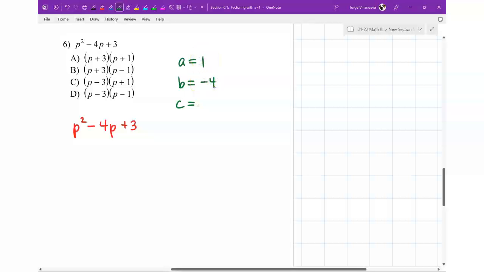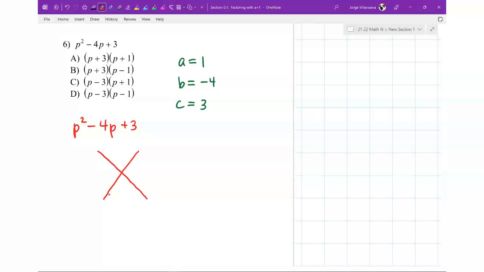Thank you. And C? 3. Thank you. So those are my ABCs. Okay? So let's go ahead and put them into my X here. So on the very top of the X, I multiply A times C. That's 1 times 3, so that's a 3. And on the bottom, I write down the B value, which is a negative 4.